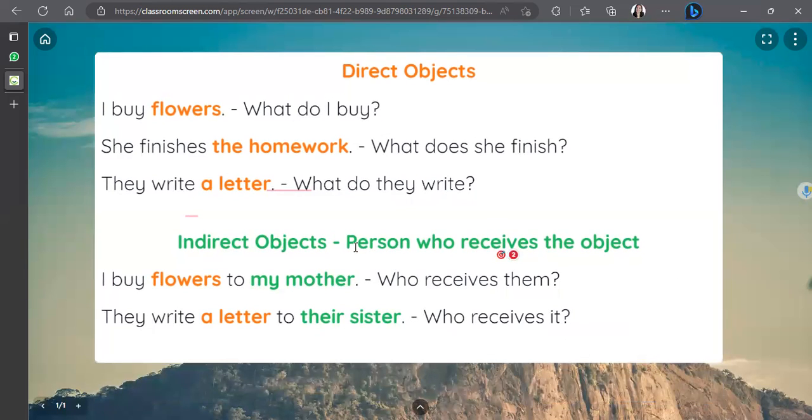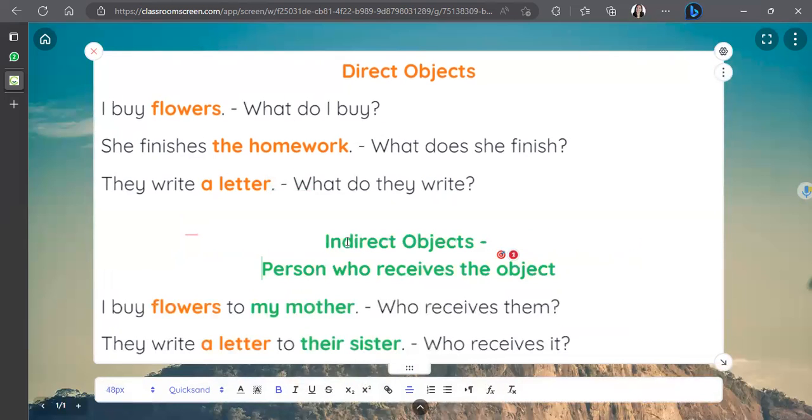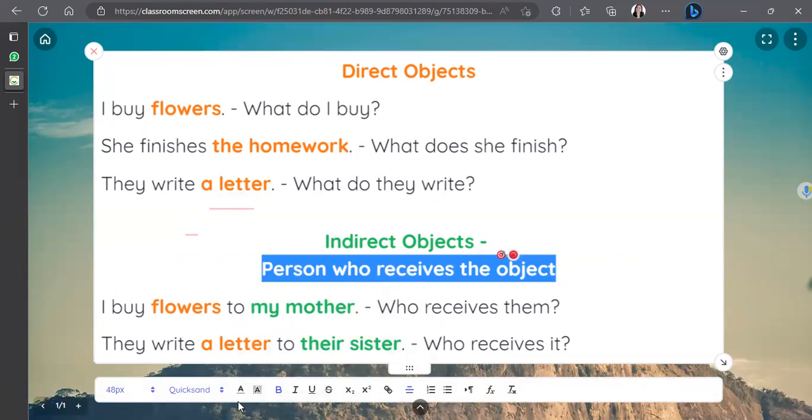Questions about the indirect objects? Or is it clear?